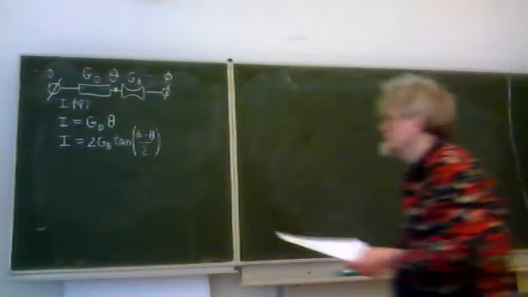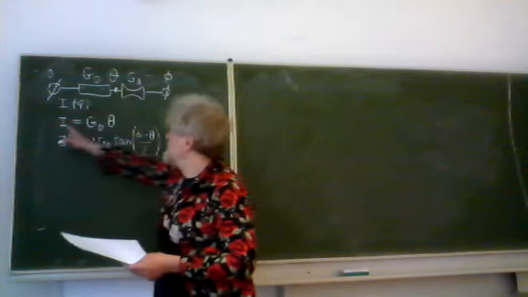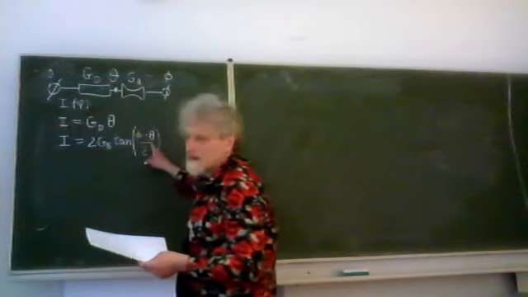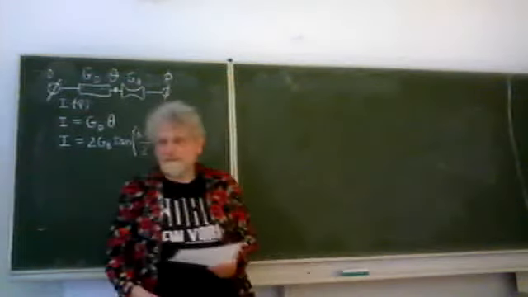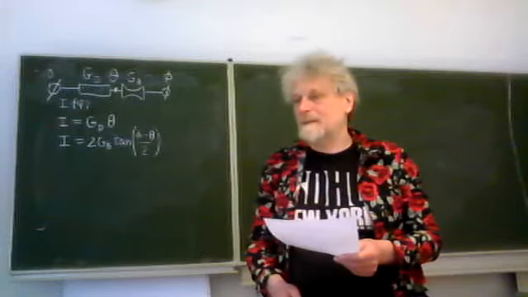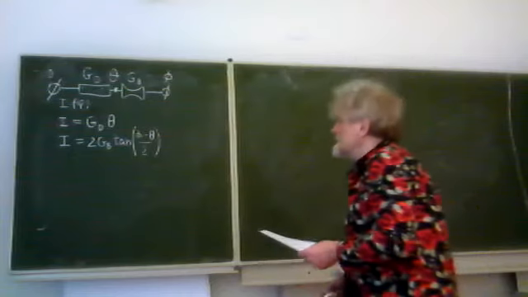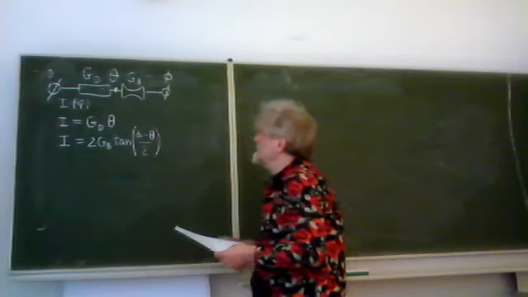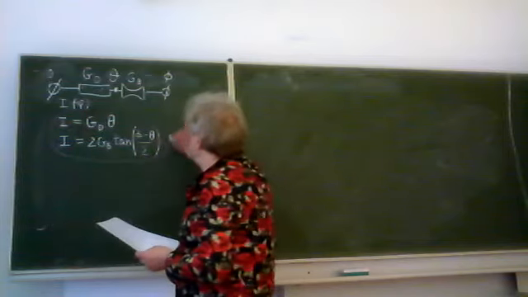So in principle, one can solve these equations. One has to solve these equations. For instance, one can express zeta from this equation and put current here. It's going to be complex equation. One can try to solve it in a simple limit, and this is what we are going to do. So we look at these complex equations.